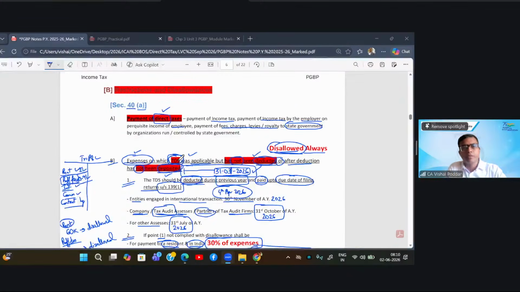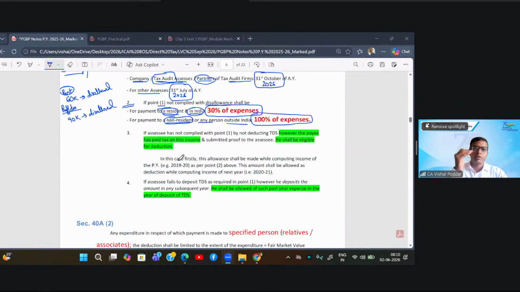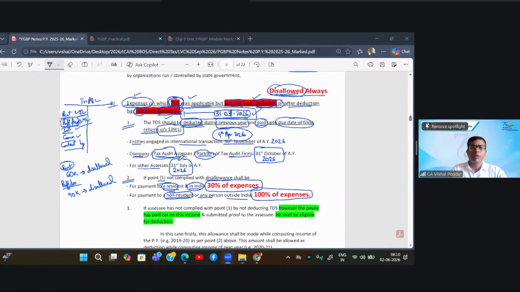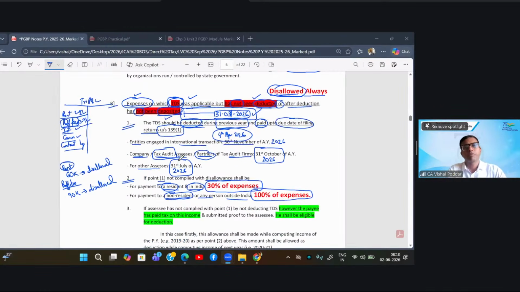So the requirement is first check if TDS is applicable to you. If it is applicable, then you have to read the adjustments given below the trading P&L. So in those adjustments, they will mention whether TDS was deducted and whether it was deposited.